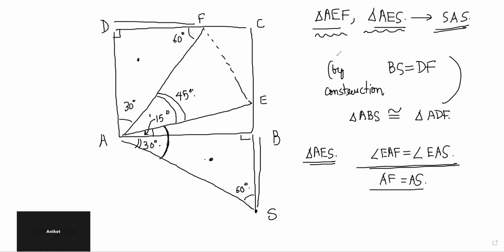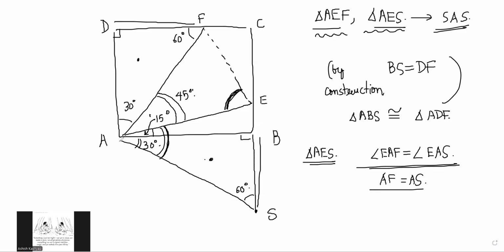If this is congruent, then we know that triangle AES is congruent to AEF, and therefore the angles will also match. Now we have 45 degree here, and this angle is opposite to AF here.